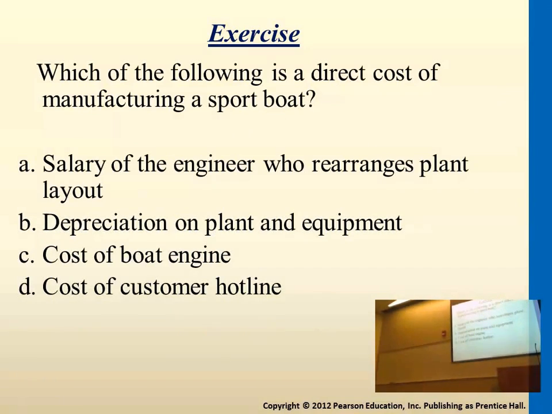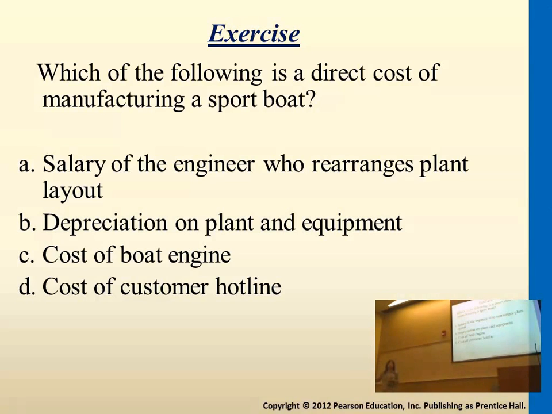Which of the following is the direct cost of manufacturing the sport boat? See, cost. Cost of the boat engine. You can actually see this as a part of the product. So what's wrong with the others? Customer hotline, we're on the service side, the customer representative.